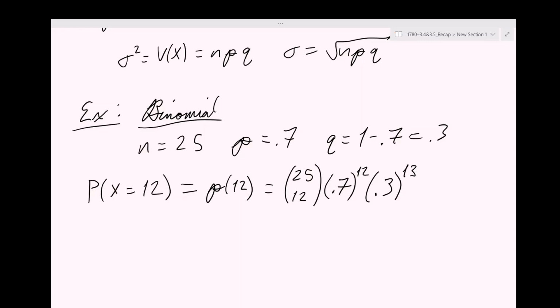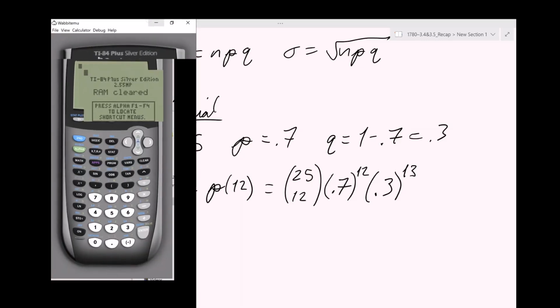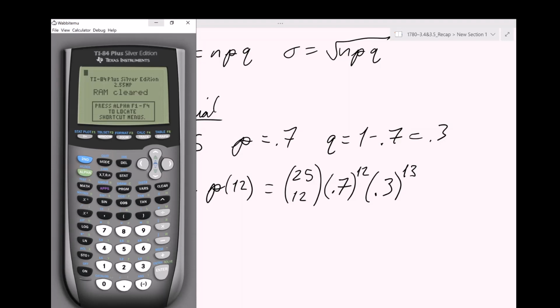And then, of course, if you need to use a calculator to do that, I don't have a calculator up, so let me fix that problem. Okay, here we go. So now, to punch something like this in the calculator, I want to do 25 choose 12. The choose would be under math, probability. Choose is the third one here.